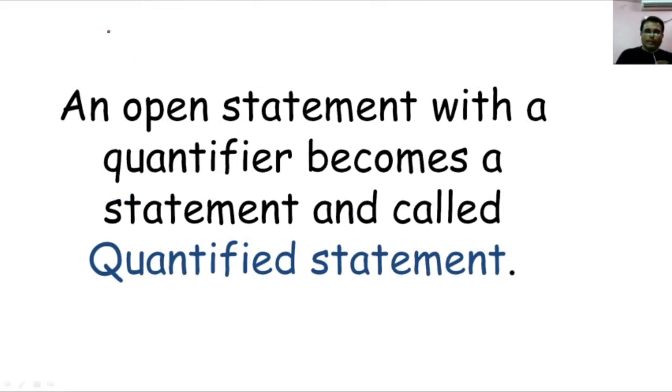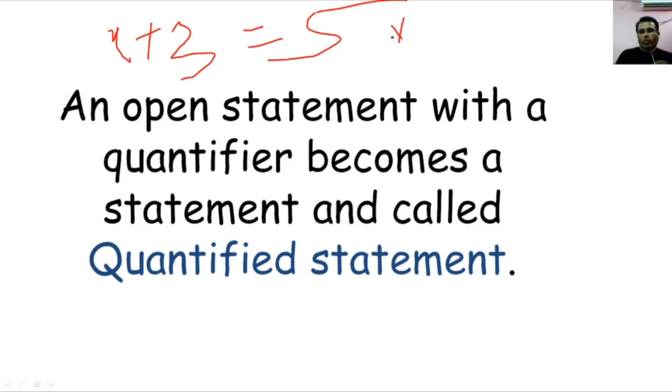Whenever you have any statement of this type, x plus 3 is equal to 5, and you check its truth value, we can't say whether it is true or false. But suppose we take for all x belongs to N. Then we know that now this becomes a false statement.